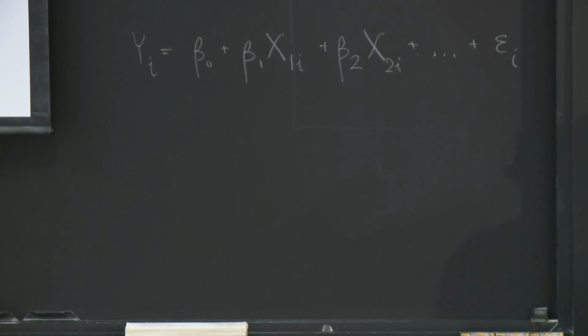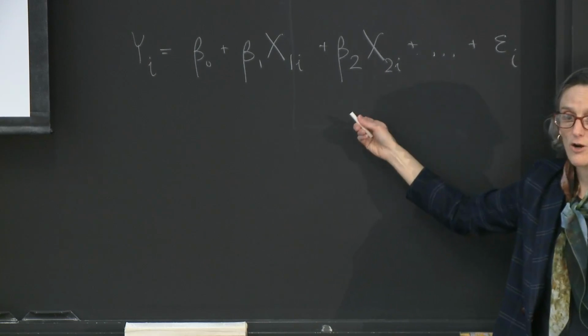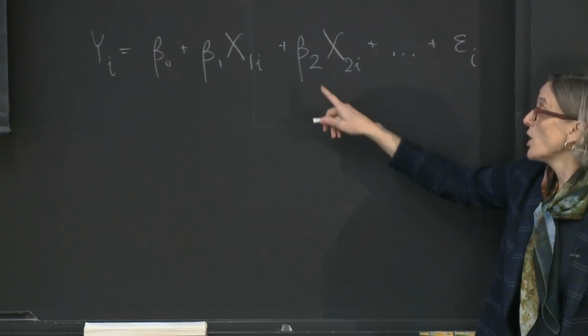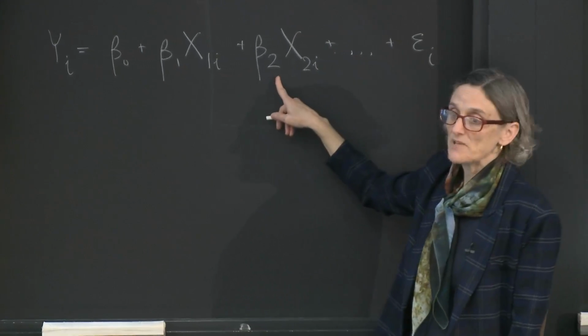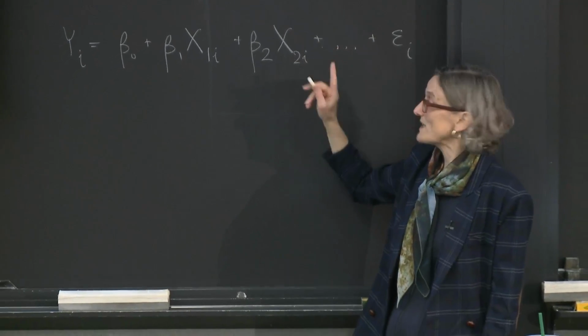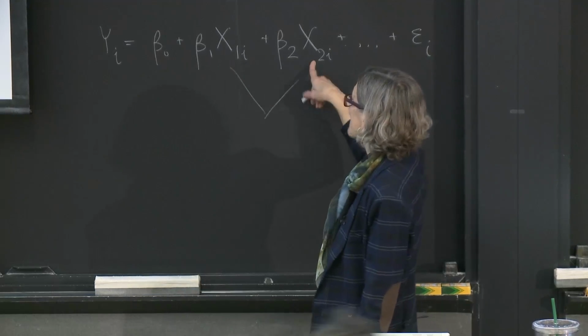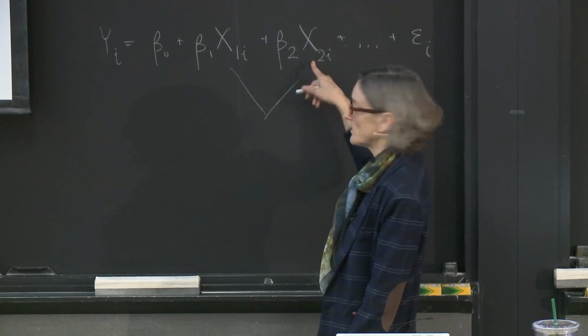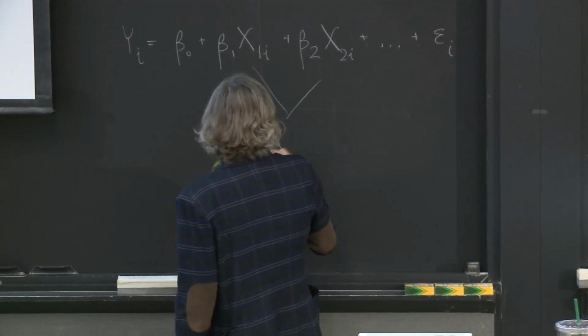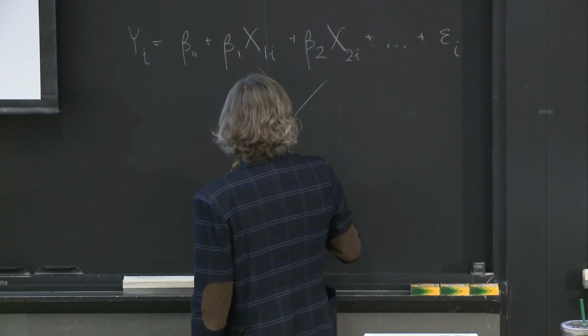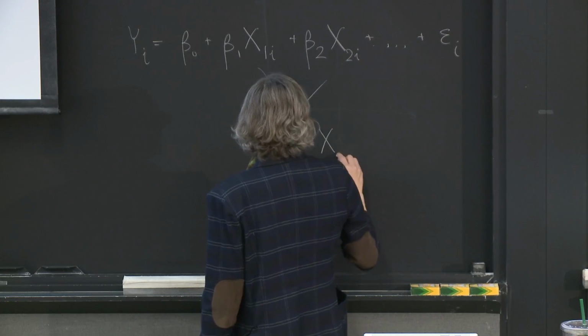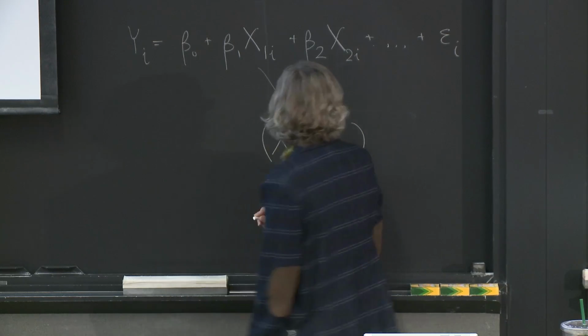Okay, so let's suppose this is our unrestricted model. We want to restrict beta 1 to be equal to beta 2. Well, we just create a new variable that's the sum of these two, x1i plus x2i.